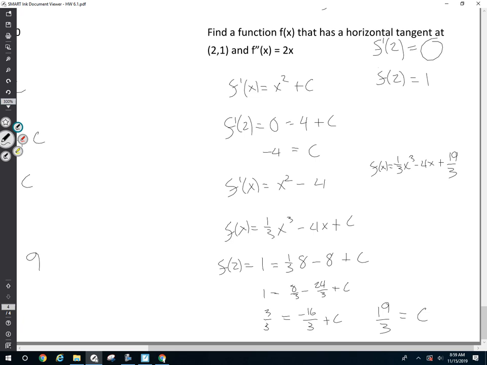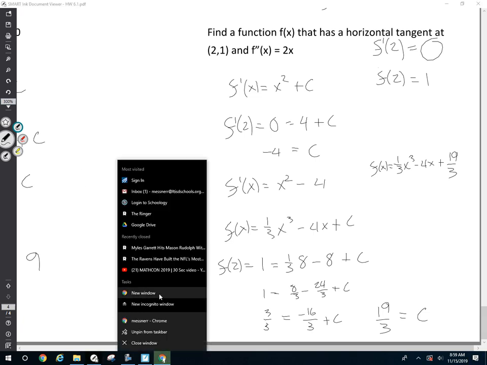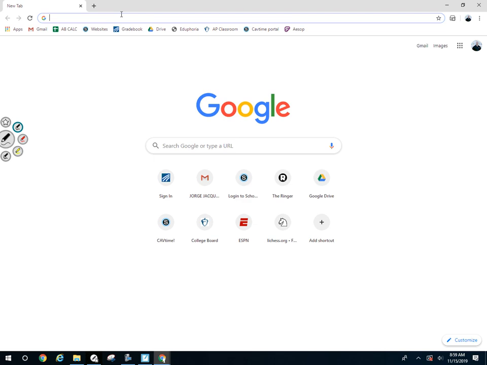I know the second derivative is going to be 2x, because the first derivative will be correctly x squared minus 4. The second derivative will be 2x. But watch if I graph. I'll use my new friend Desmos.